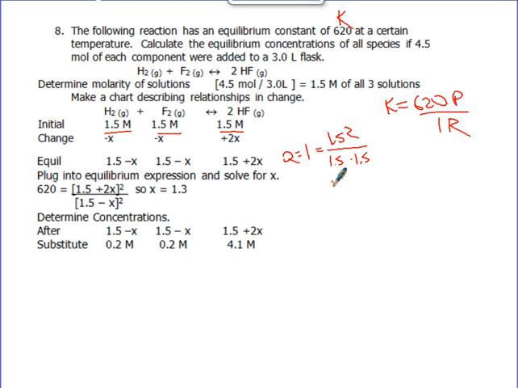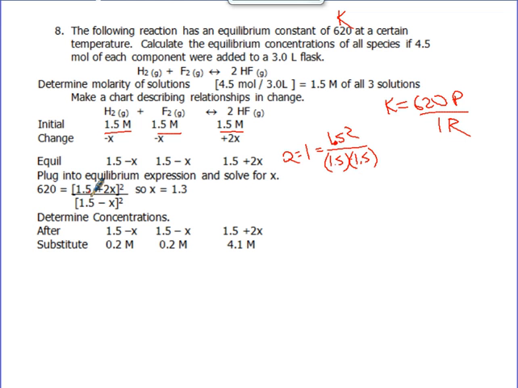1 is far less than 620. We need a whole lot more products to get it to 620, and a whole lot less of these reactants to get it down. Get the reactants down, the products up to get it to 620. So remove reactants, add products to get it to 620.